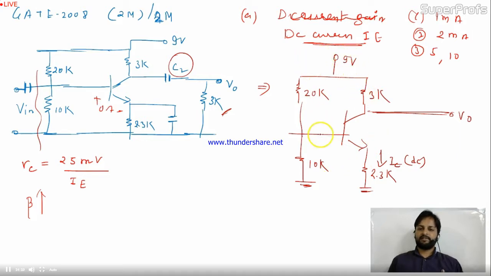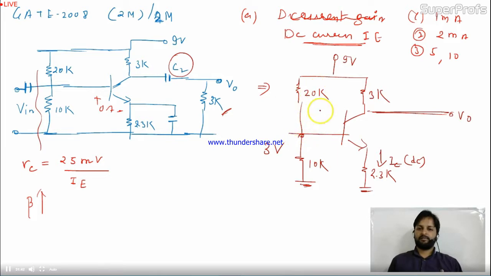So again, this is the potential divider. Again, you can find the potential over here. So this will be 3 volt over here, and the equivalent of these two will be 20 into 10 divided by 30. It will be 20 by 3K.